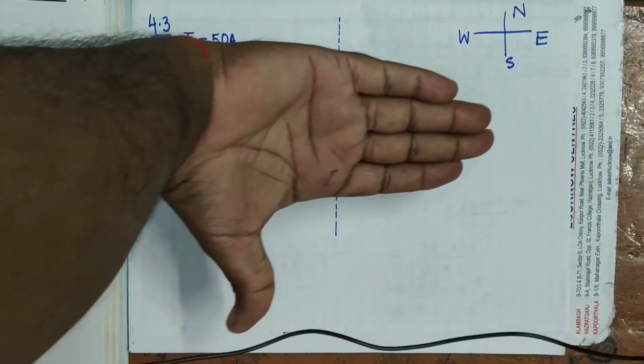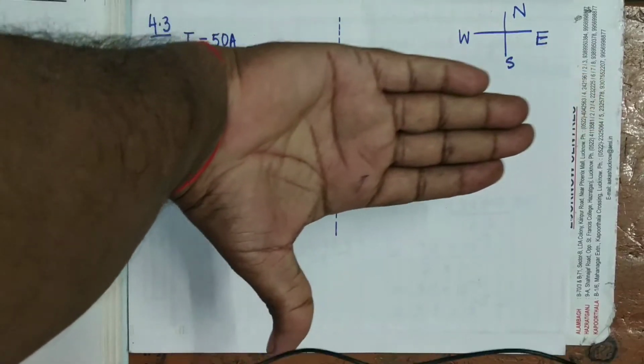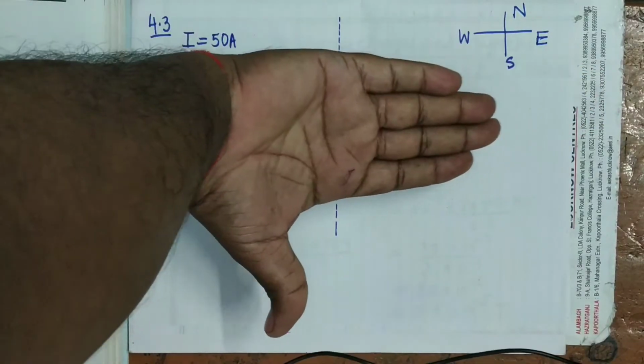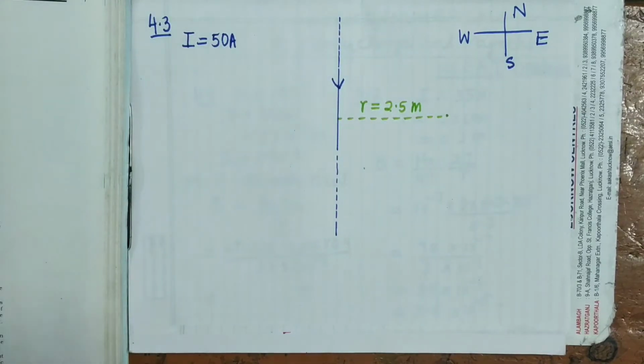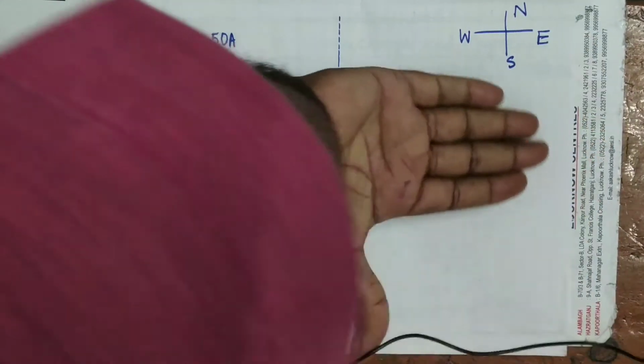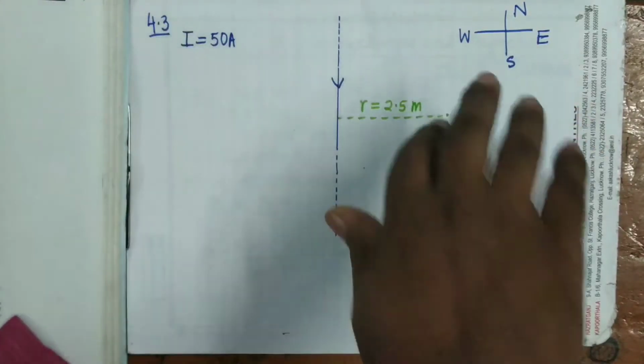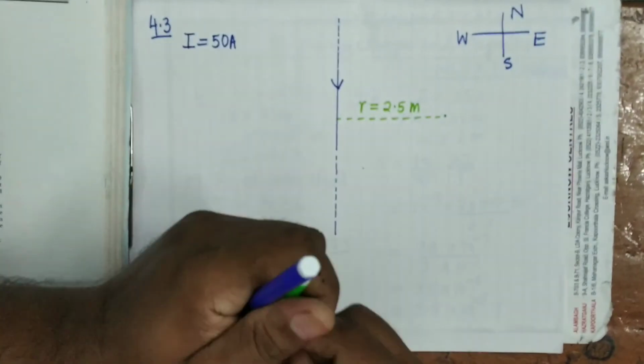Then the perpendicular direction of pushing of the palm is upward. Here it will be perpendicular to the plane of paper, upward. You can say it is vertically upward.